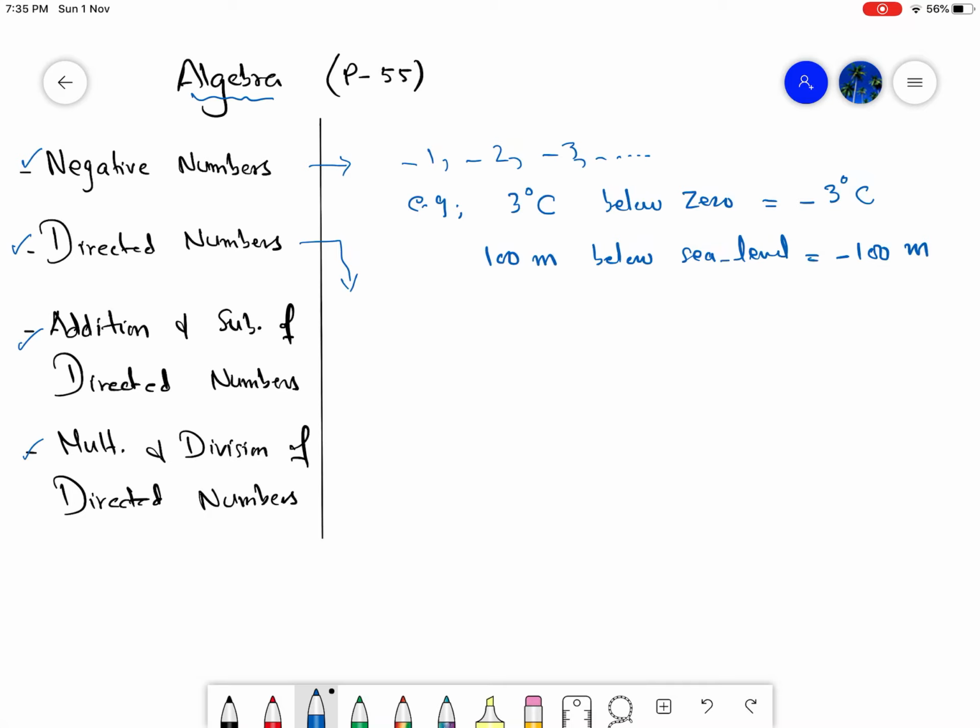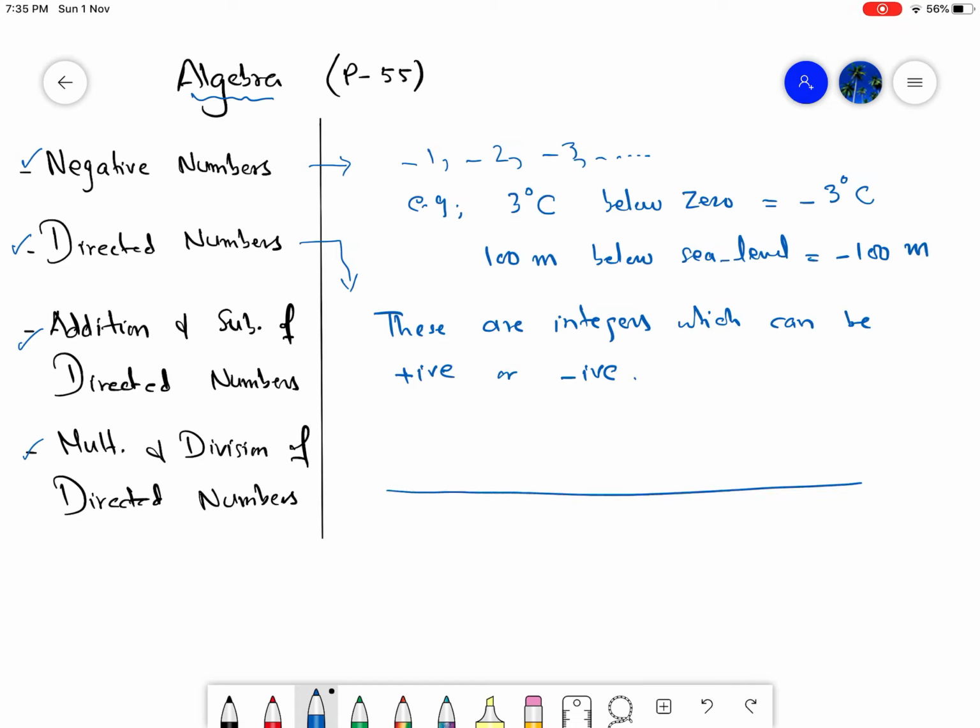So directed numbers, by definition, are integers. The directed numbers are numbers or integers which can be positive or negative. That is, they are in either the positive direction or the negative direction.